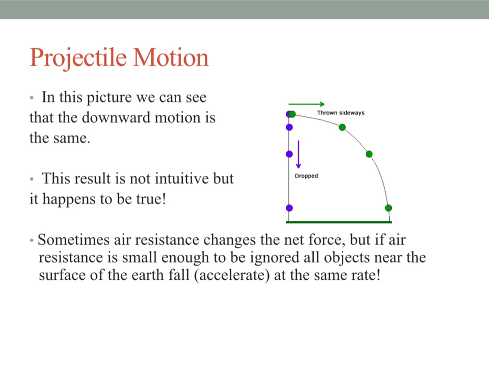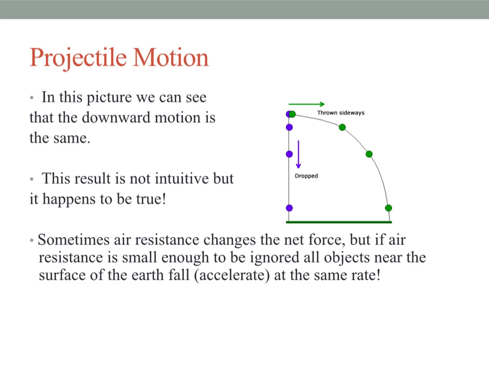And so if gravity is the only force that we have to worry about, that is the net force, and it'll give you the acceleration of 9.8. If there are other forces acting on an object, then the acceleration can be different because the net force changes. But again, that's not something that you really want to worry about too much.